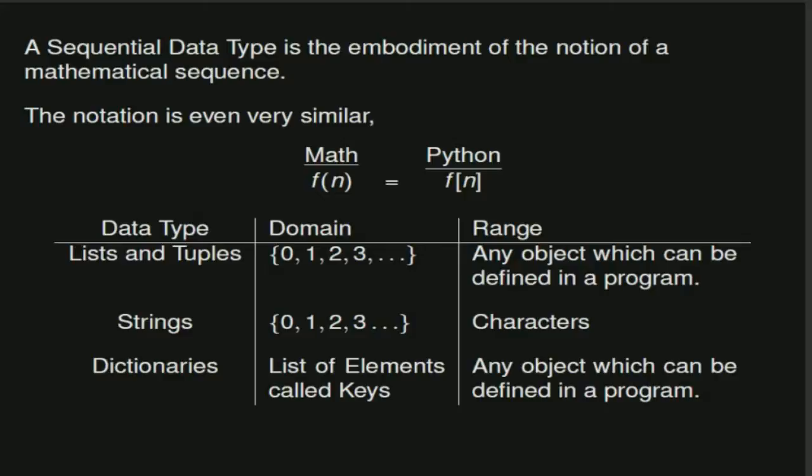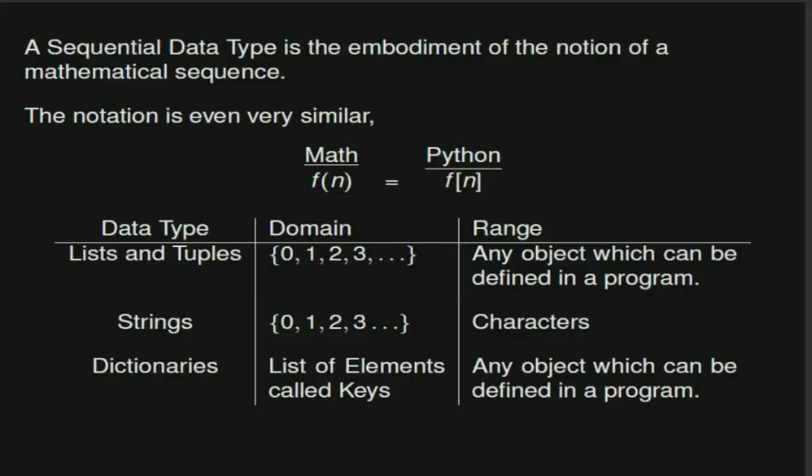We can index pretty much any type of programming object that we can possibly imagine and define. Strings still have the same domain, the positive integers and 0, but the range is only going to be the set of characters that we have.